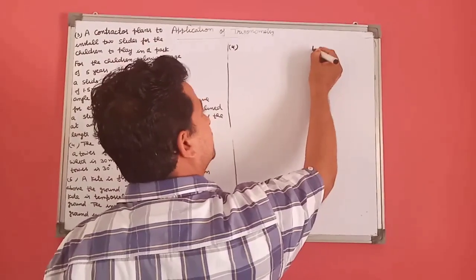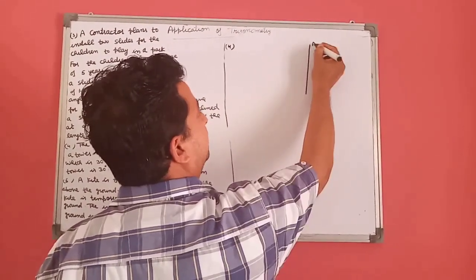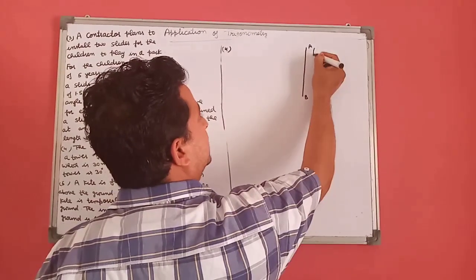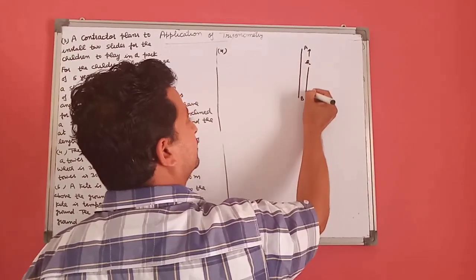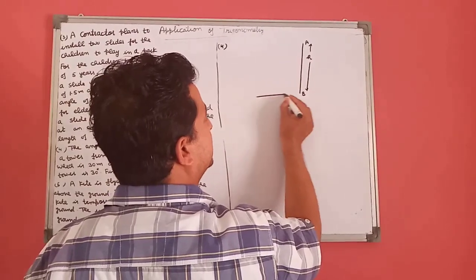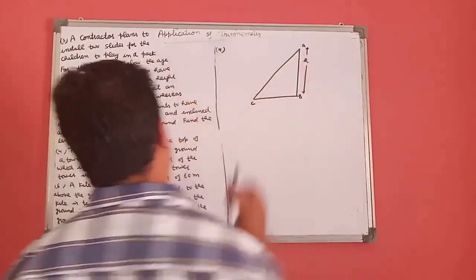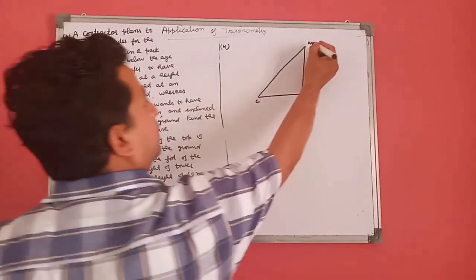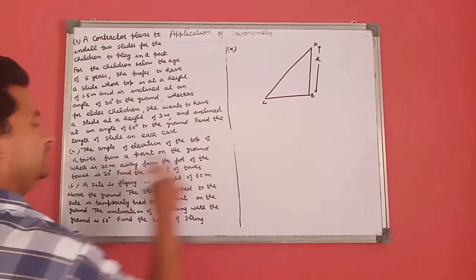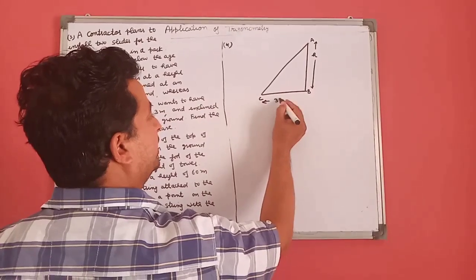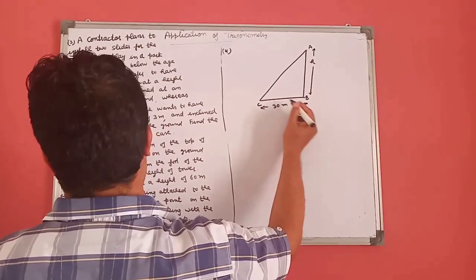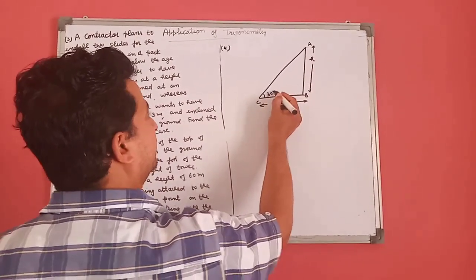In this question we have a tower AB. Suppose its length is h, which is required to find, and there is a point C on the ground. This is 30 meter and the angle of elevation is 30 degree.